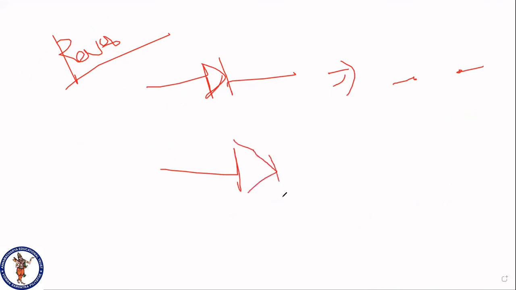There is nothing like a voltage in the reverse bias, so we can replace it with a resistor in some cases, RR, the resistance in the reverse bias, and this is a very high resistance.